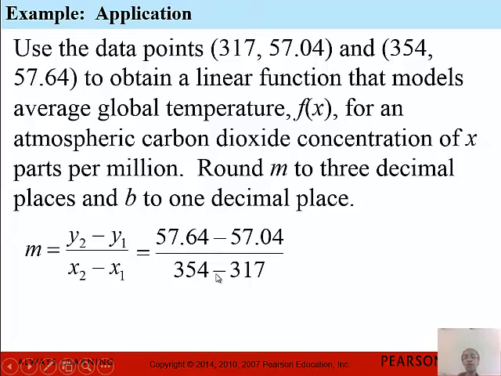So we have to make sure the corresponding x, 354, comes first in the calculation of run. So we find out that rise is 0.60, run is 37. If we round that to 3 decimal places, we get approximately 0.016.